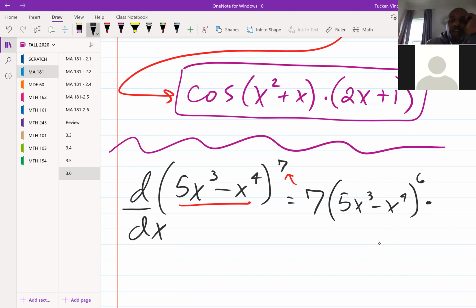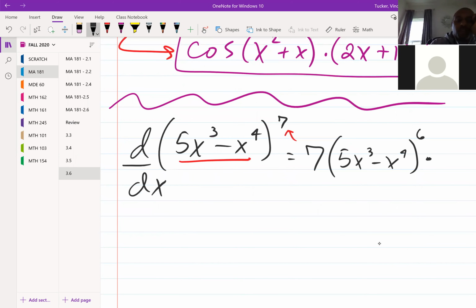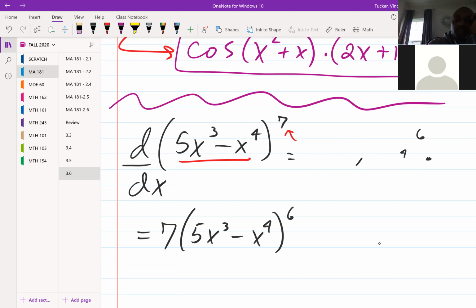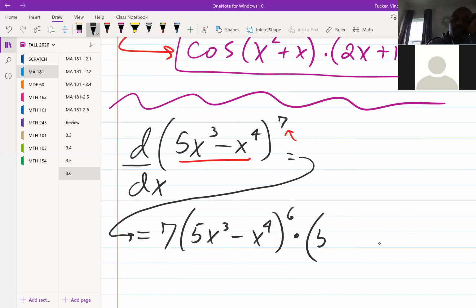All right, so now we're going to take the derivative of what's on the inside. I'm going to rewrite that down here. We've got 5x to the third power, so we bring down 3. Subtract 1 from your exponent, that's 2.